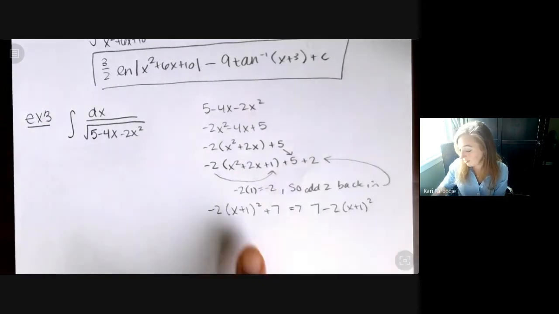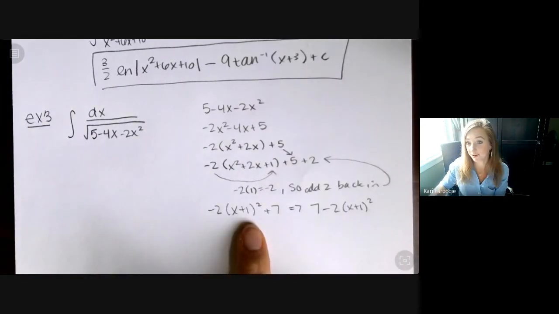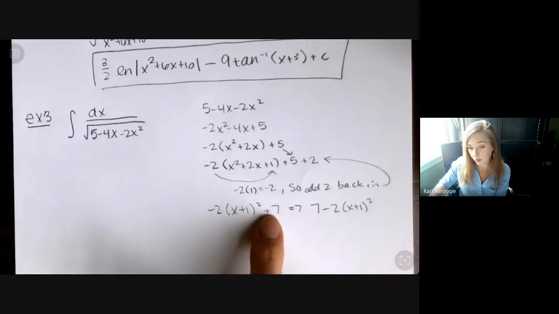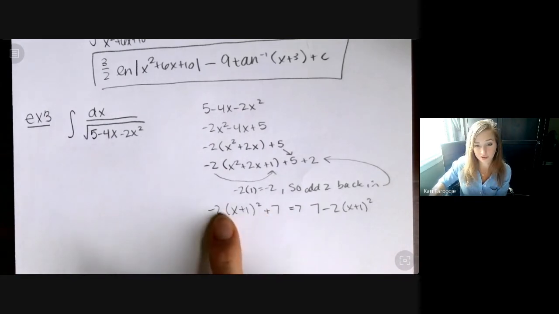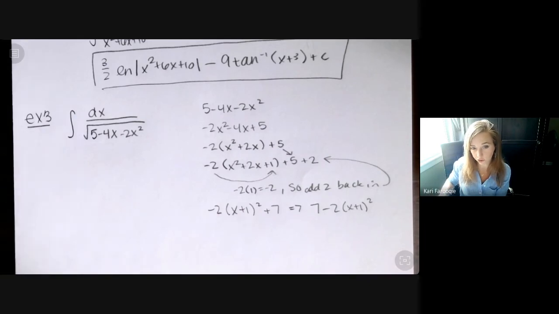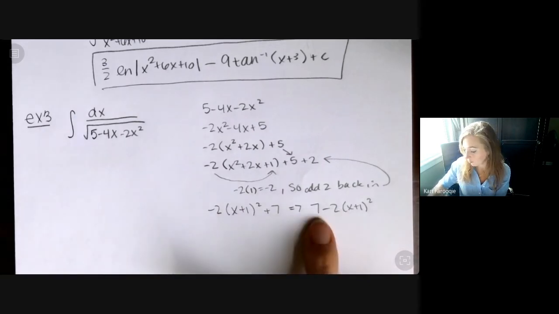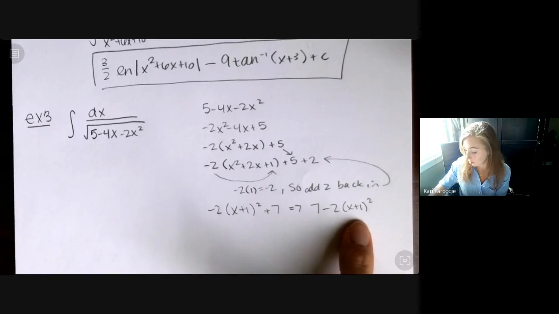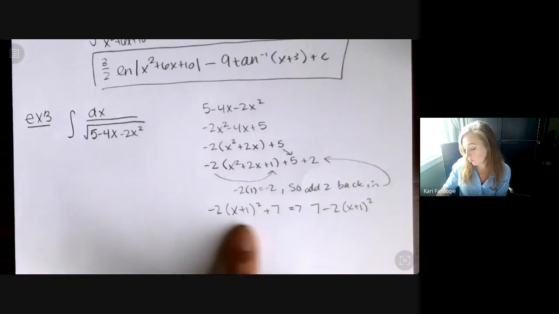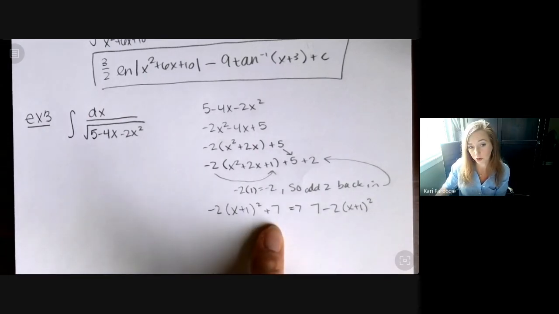Otherwise, it's very easy to look at this and be like, okay, what do I do now? I don't want you to think about this as being plus, because if one of your terms is negative, you want to switch that into a subtraction problem. You want this to be in the form a squared minus u squared. You don't want it to be in the form negative u squared plus a squared because it's going to screw up your substitution.